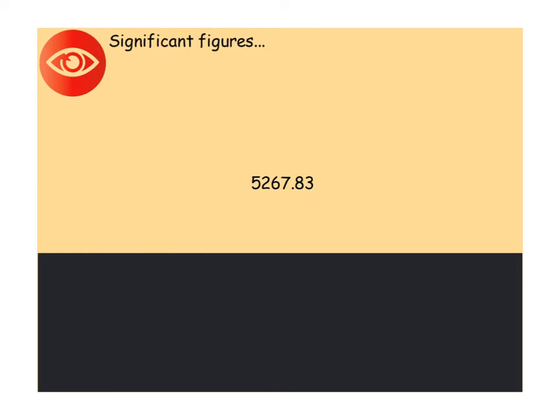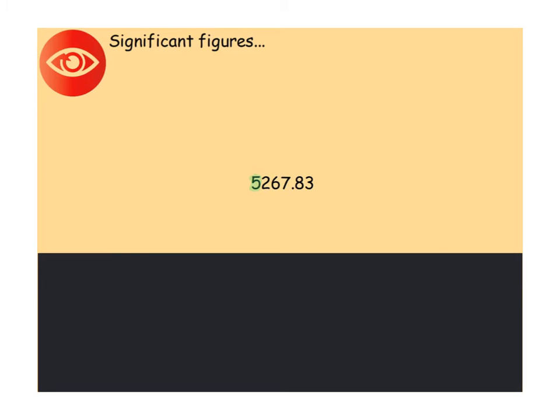It's not so much that it's in the thousands column as it's in the biggest column. So the 5 in this number is our most significant figure, and as a result, it's our first significant figure. It's the figure within that number that tells us the most.